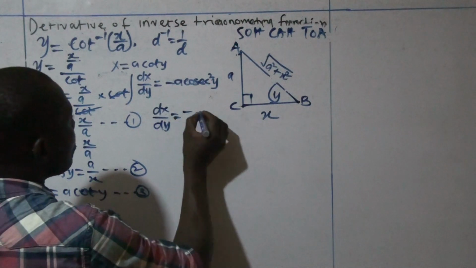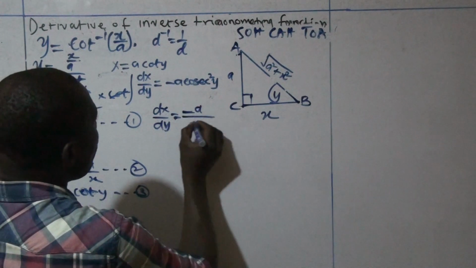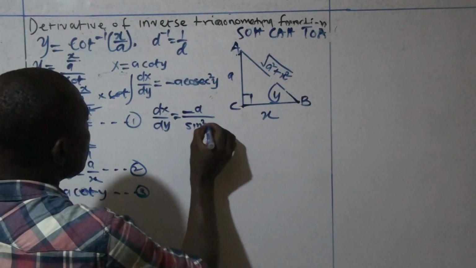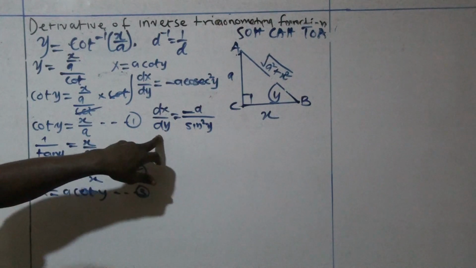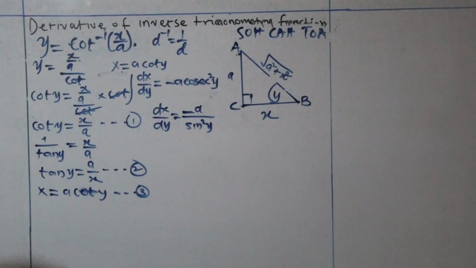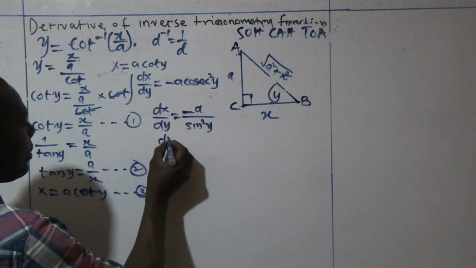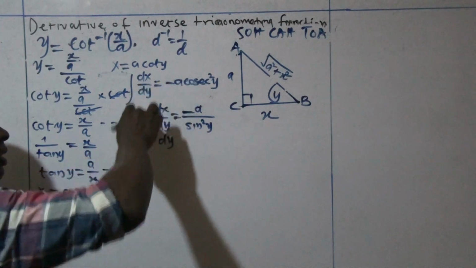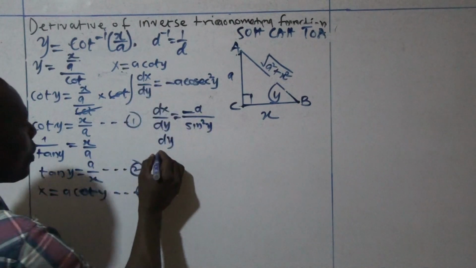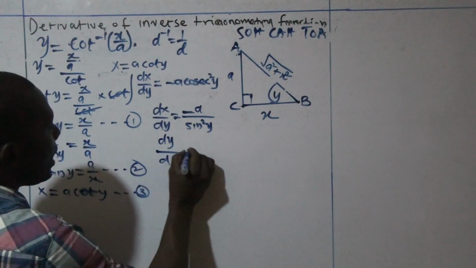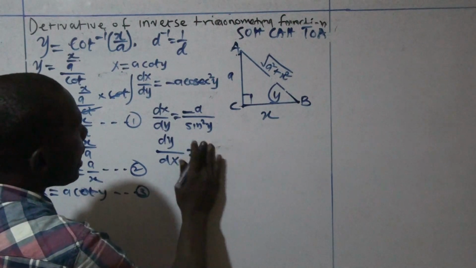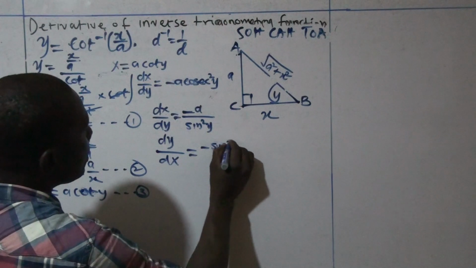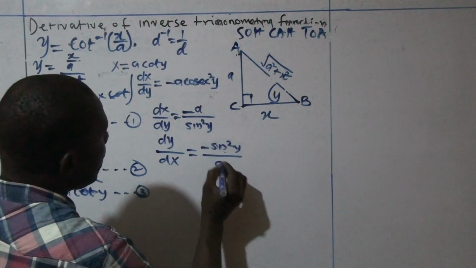So here this can be written as minus a all over sine square y. But if we are looking for dy over dx, we change the denominator to be the numerator and the numerator to be the denominator. So dy over dx becomes minus sine square y all over a.